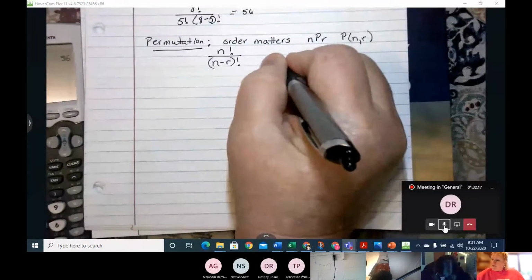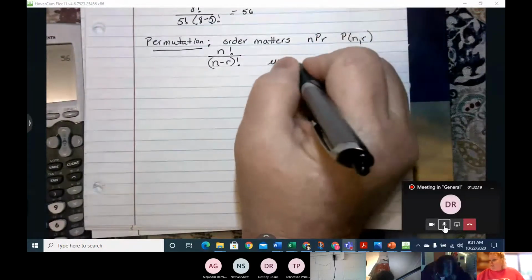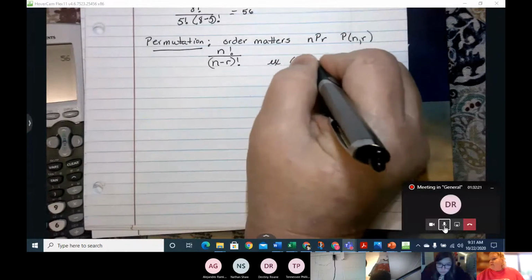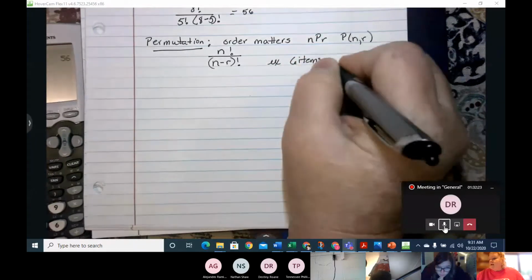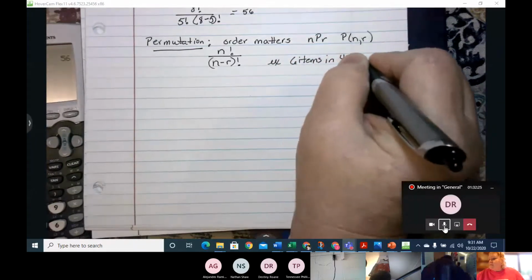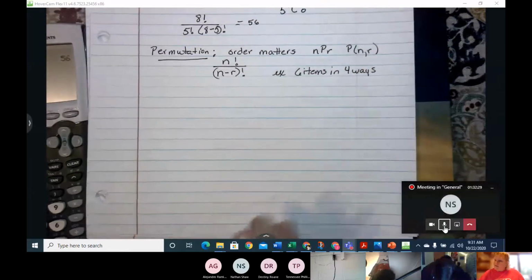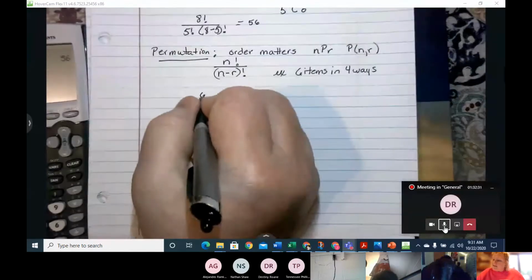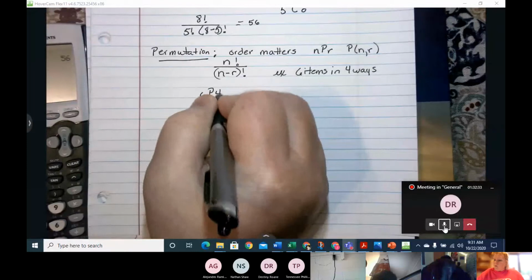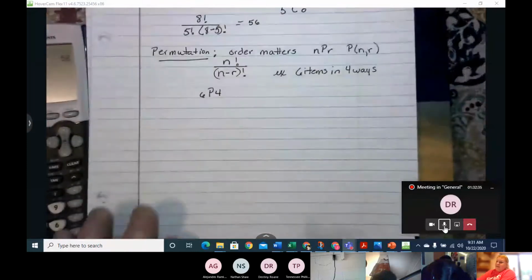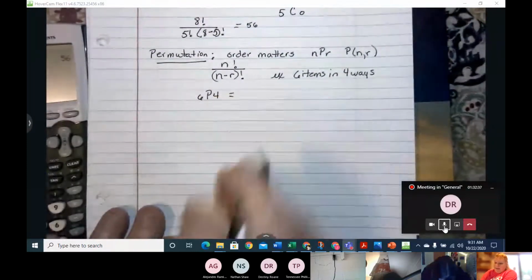An example would be if we wanted to select 6 items in 4 ways. So that means we would have 6 permutation 4. How many combinations would that be?